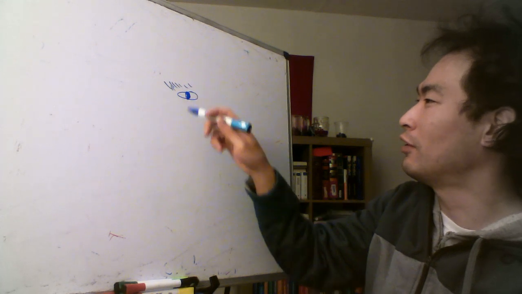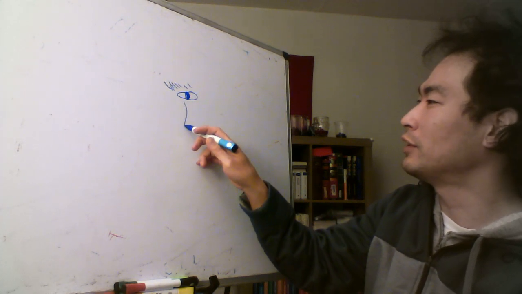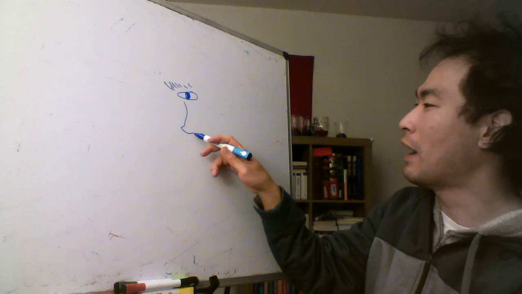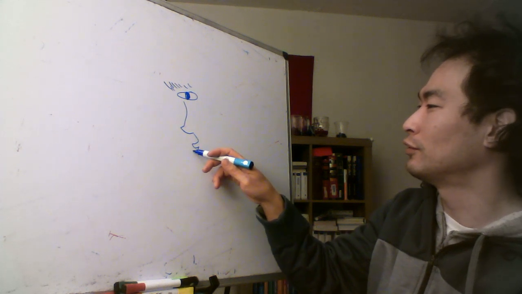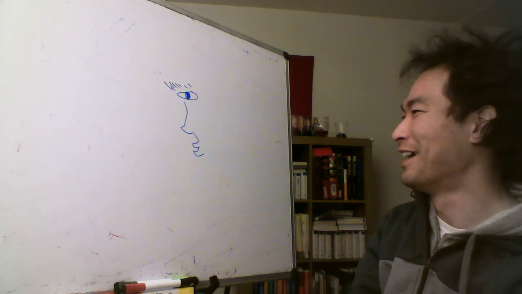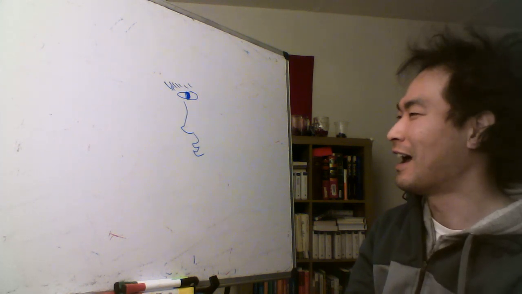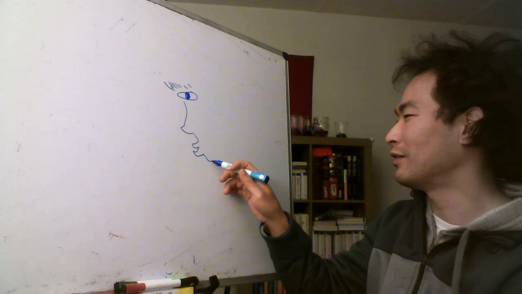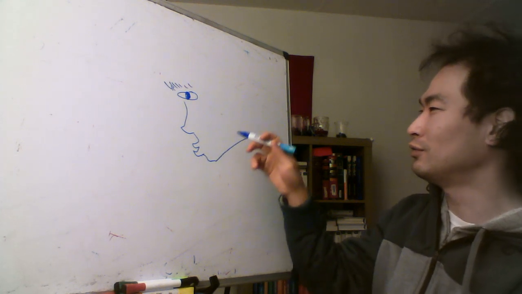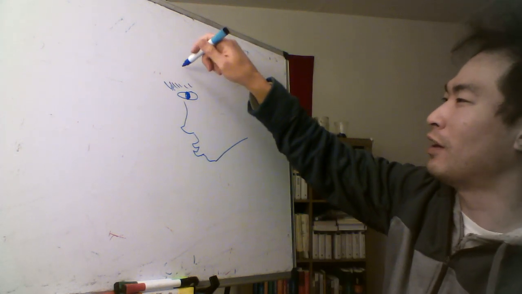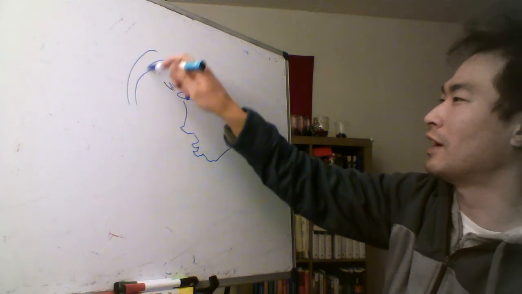I'm a girl. I have this pointy nose and pouty lips. Ah, such an ugly girl. I'm not good at it, okay? But you know what? I have this beautiful hairstyle.